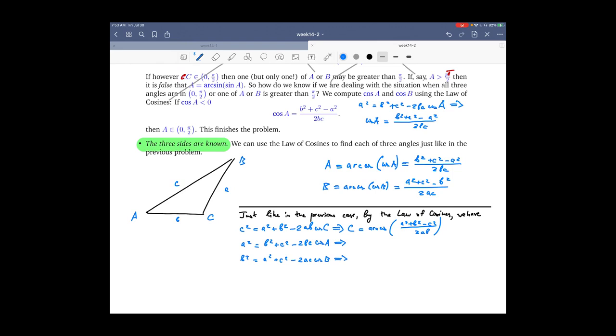So from here we can find a, that is arc cosine of b squared plus c squared minus a squared over 2bc. And from here we can find b. b is arc cosine of a squared plus c squared minus b squared over 2ac.